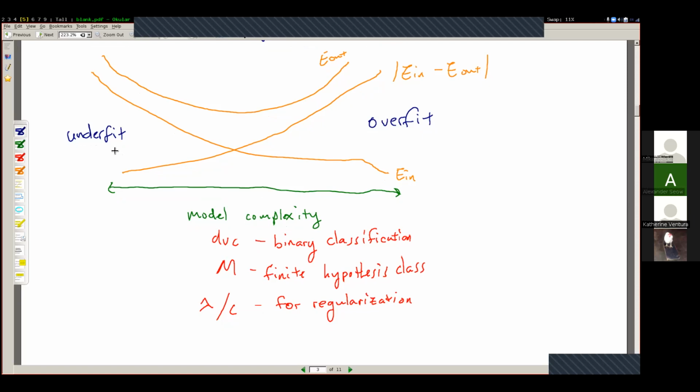So our word2vec problem doesn't neatly fit into any one of these categories. We have a non-binary classification problem, and in fact, it's very, very multi-class. Our hypothesis class is not finite, but infinite. We're learning matrices, and there's no regularization going on.